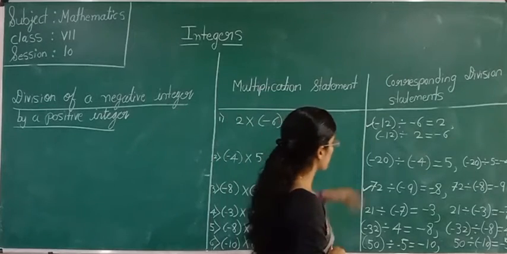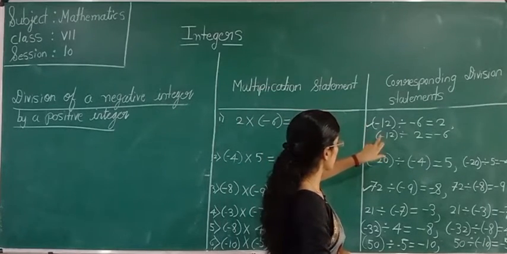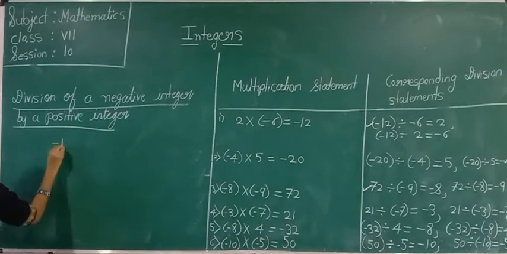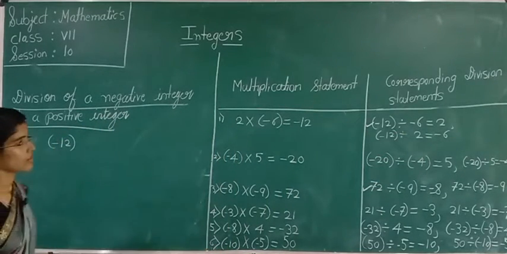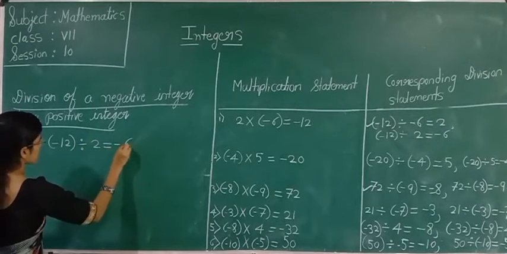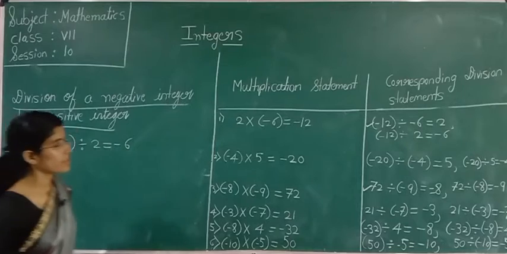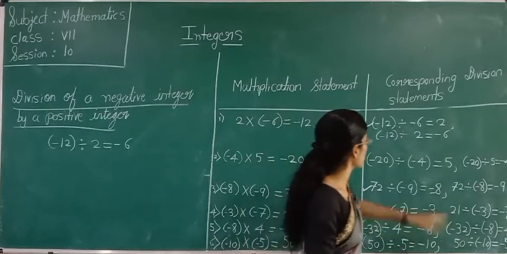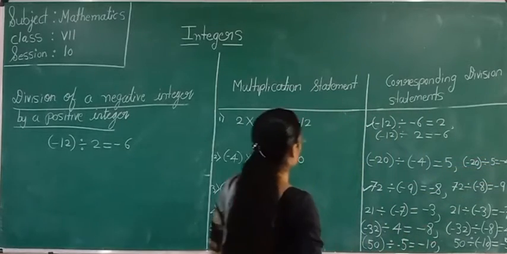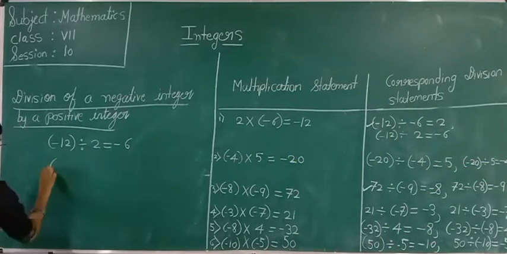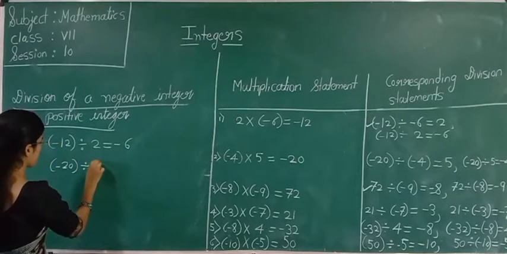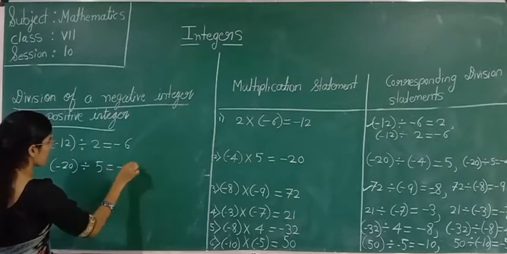Now see, from here we will take division of a negative integer by a positive integer, that is minus 12 divided by 2 is minus 6. Again, minus 20 divided by 5 is minus 4.